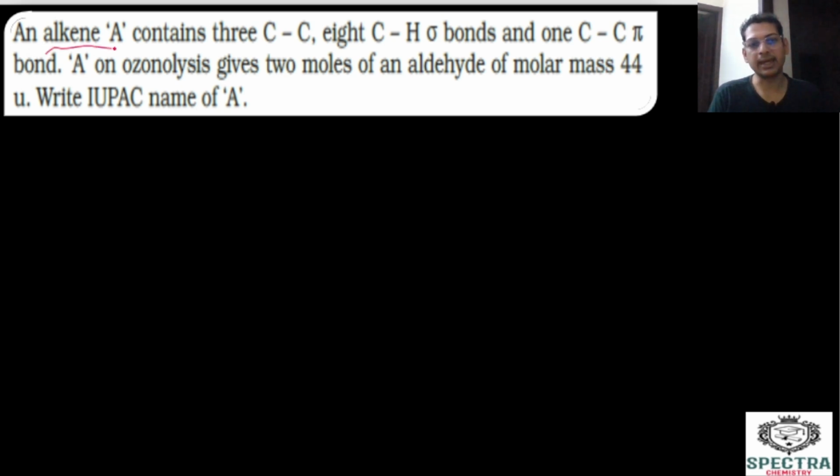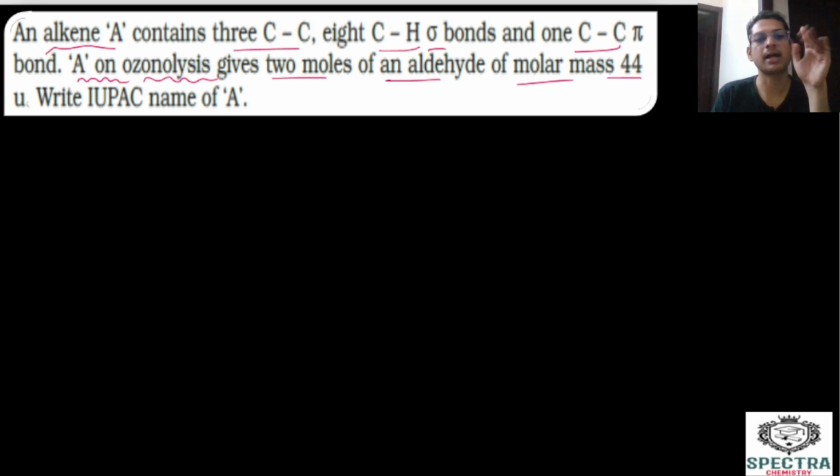An alkene A that contains 3 C=C, 8 C-H sigma bonds and 1 C-C pi bond. So many things are given, but I don't need all this information. The information that I need is: A on ozonolysis gives 2 moles of an aldehyde, molar mass 44. I always told you whenever you get this kind of question, you have to write the flowchart.